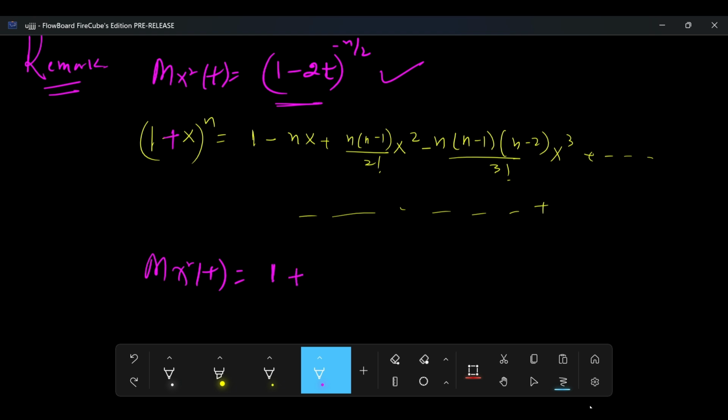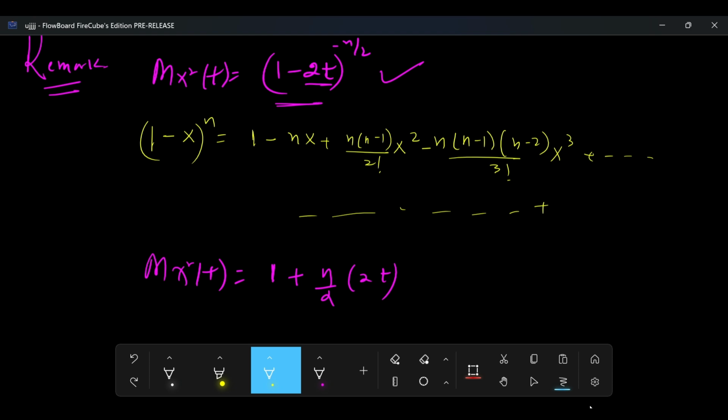In place of x, we have minus 2t, and in place of n, we have minus n by 2.